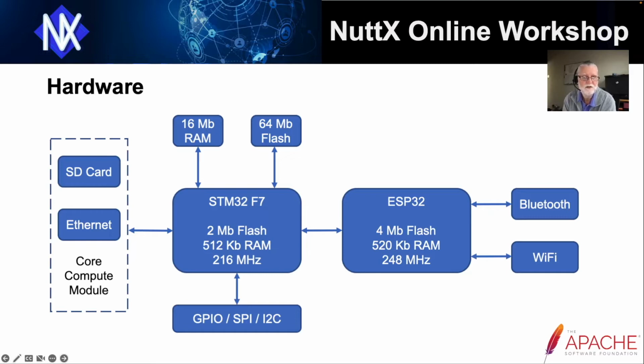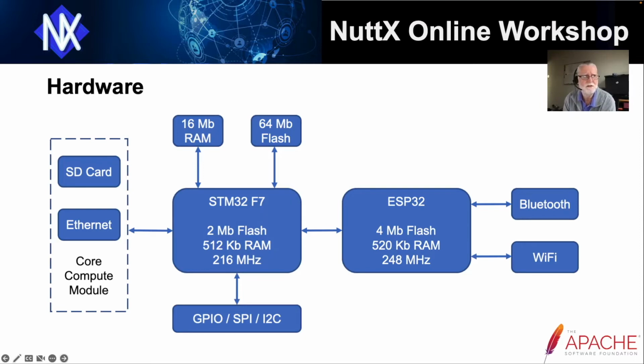Wi-Fi and Bluetooth wireless is provided through the ESP32, and this is a Pico D4. This has 4 megabytes of flash built into the system. We have about 520 kilobytes of RAM available for data storage and for instruction storage.